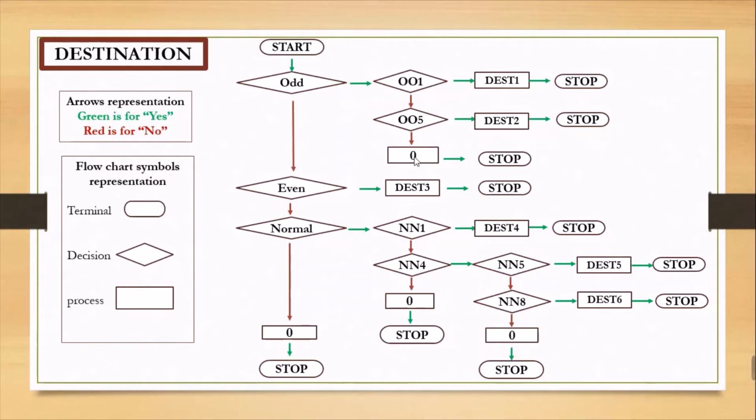You can see default value of odd is 0, default value of normal is 0, and also the dependence of normal is 0, and dependence of NN4 is also 0. I won't be using this so that we'll get a clearer picture. Let's look at this next slide.